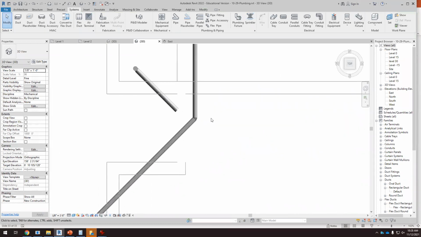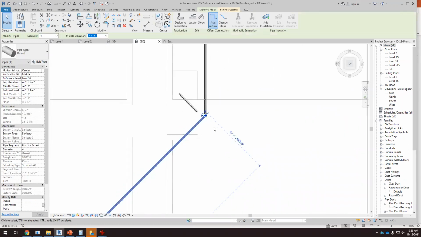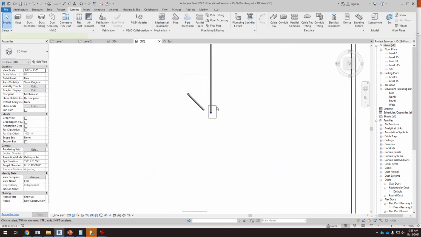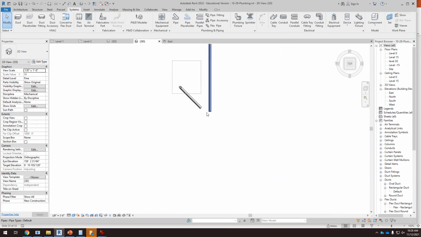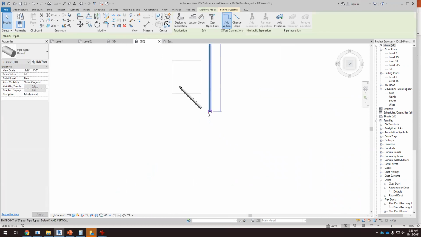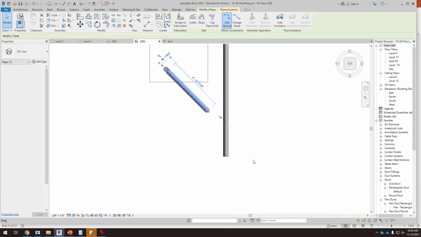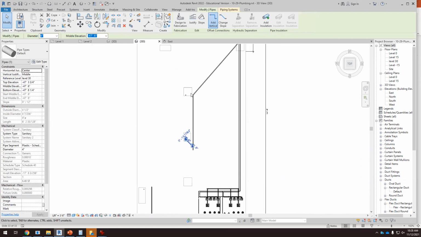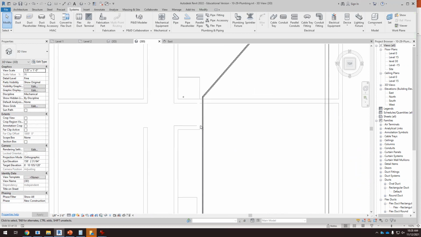Yeah. I have to extend this here so that I can always have this 45-degree angle. Remember that. Okay. And now I can do the same.